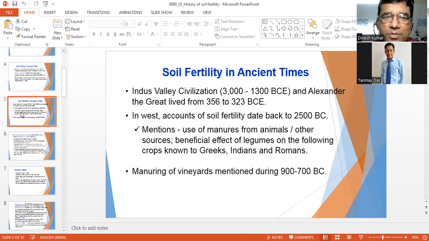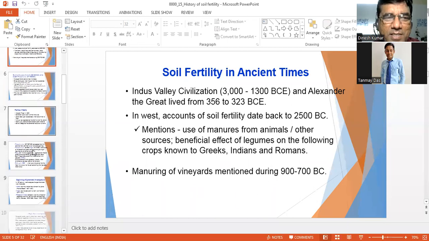There are accounts in the West of soil fertility dating back to 2500 BC. Mentions have been made of the use of manures from animals and other sources, and the beneficial effect of legumes on following crops was known to Greeks, Indians, and Romans as early as 2500 BC. Manuring of vineyards was mentioned during 900 to 700 BC.